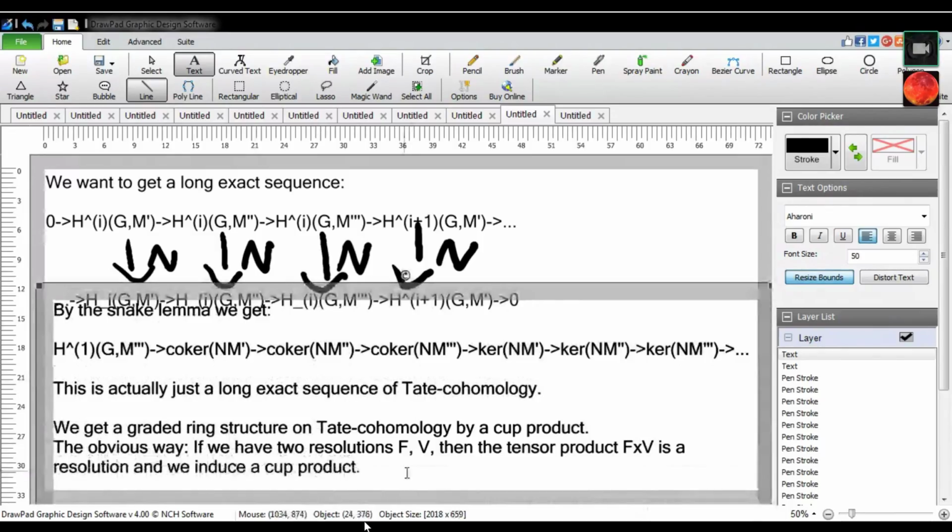This is the obvious way to do this, and I'm going to wait like 1 minute here and then let you see where this argument fails. The proof goes in the following.